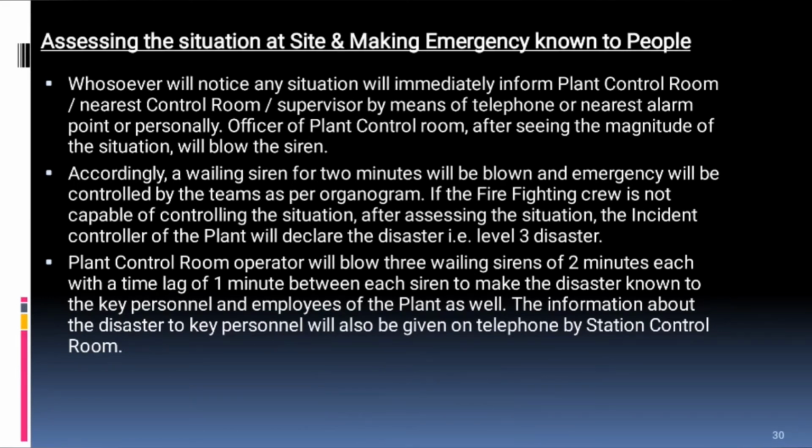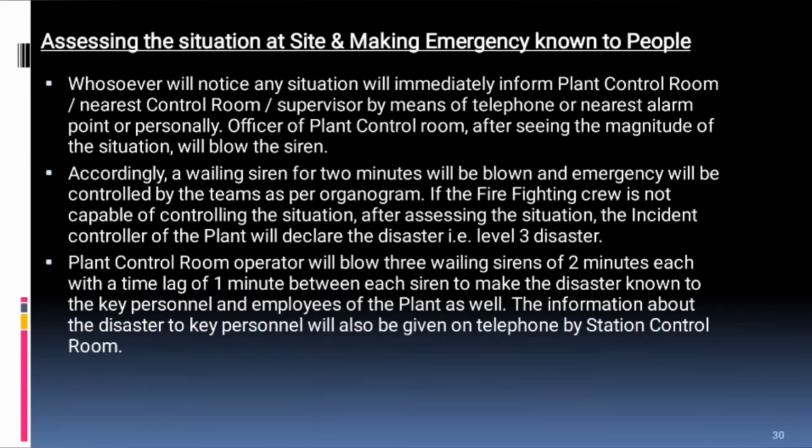The officer of the plant control room, after seeing the magnitude of the situation, will blow the siren. Accordingly, a wailing siren for 2 minutes will be blown and the emergency will be controlled by the team as per the organogram.